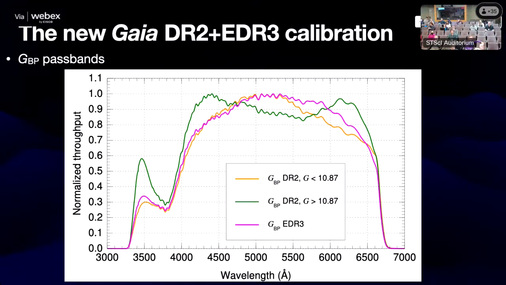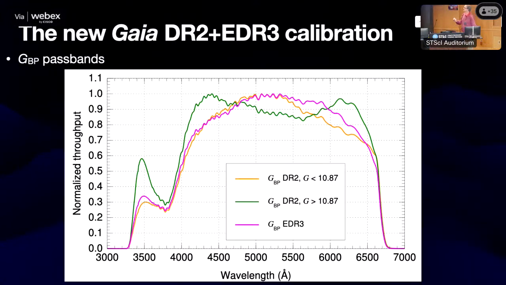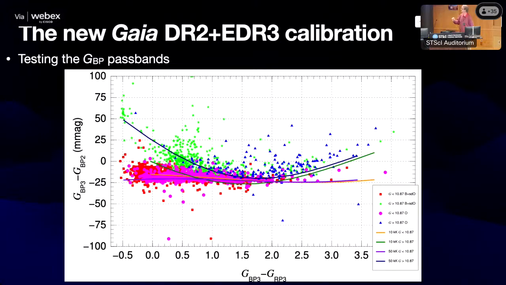But even more important, where you have a lot of astrophysical information is when you do it with BP. Especially if you compare the green and the magenta, that's the difference between DR2 and DR3 for faint stars. There is a difference in how sensitive it is to the left of the Balmer jump. So you can use this, and we actually use this.